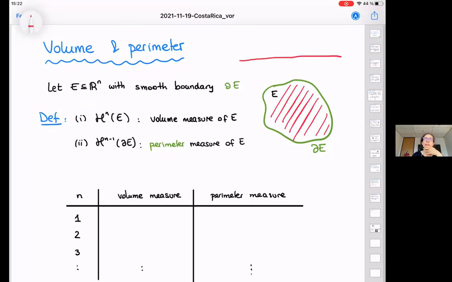So that means we can now talk about this measure in any dimension. And for those we can draw, we have specific words. When we are in dimension 1, we only have lines, curves. How do we call the volume measure in the n dimension?